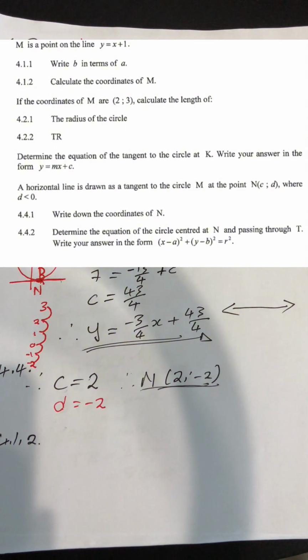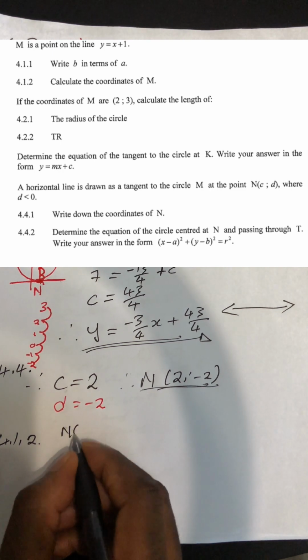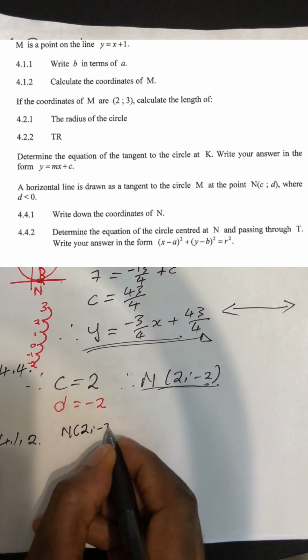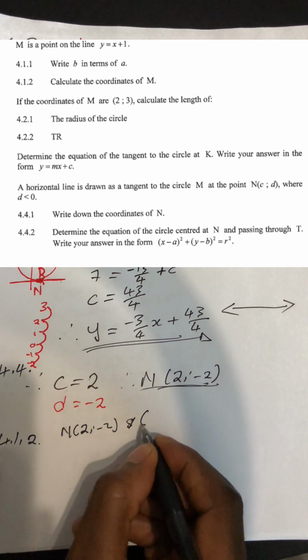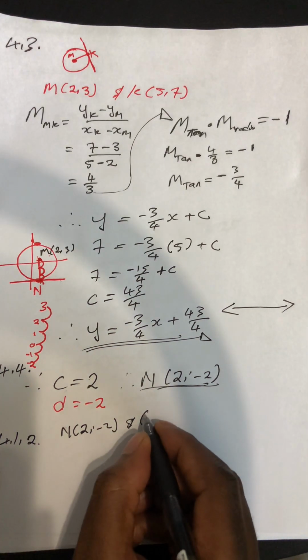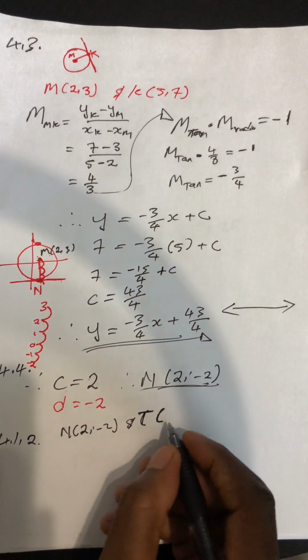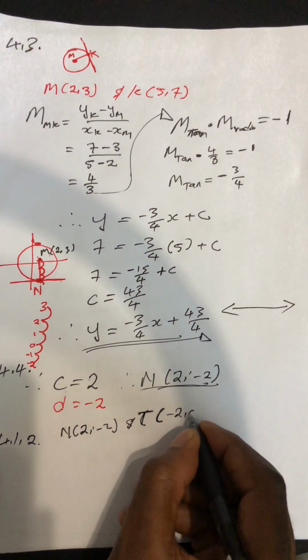What you need to understand is that this circle centered at N, which is 2 is to negative 2, will also pass through T, and we know that the value of T is negative 2 is to 0.